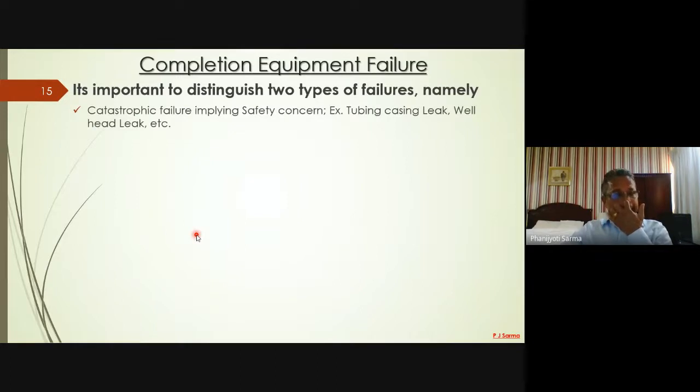So it is very, very important to distinguish the two types of failure. One is the catastrophic failure, and catastrophic failure means it is a safety concern. There is the envelope or barrier failure, so it needs immediate attention and immediate workover.